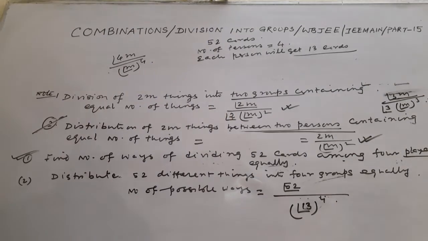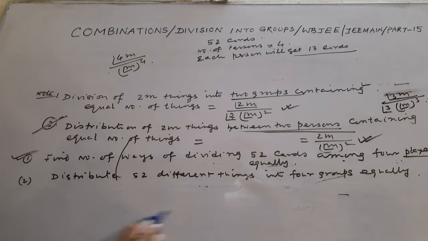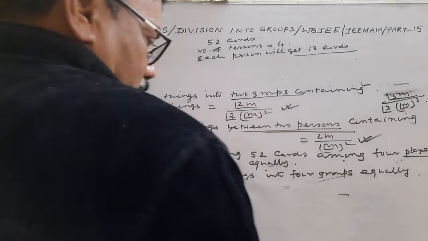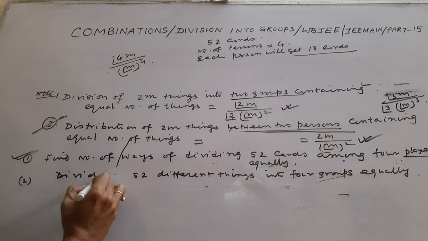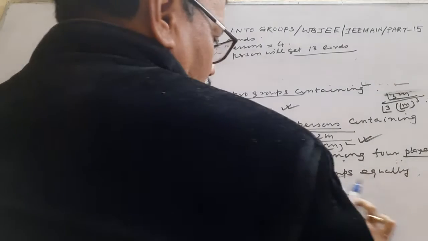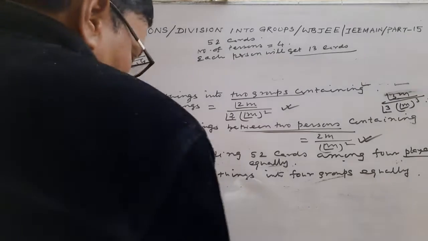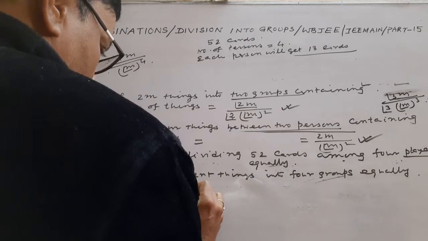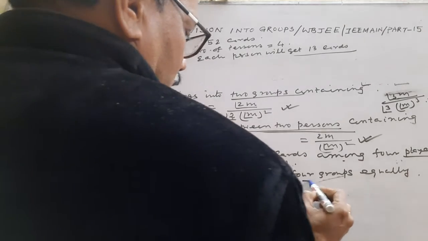Next, the same problem. Look at the language. Distribute 52 different things. Distribute, that is divide. You can write also divide. Divide 52 different things into 4 groups. So the total things are obviously defined, 52.